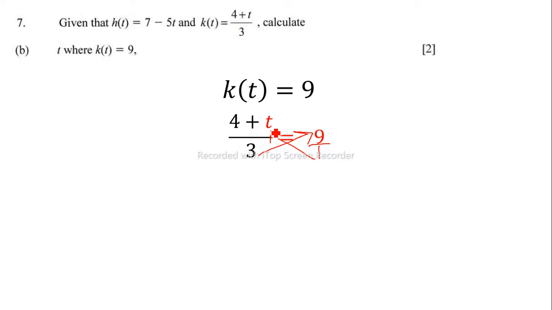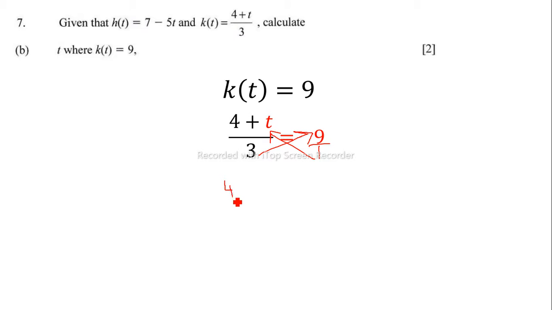1 times 4 plus t is simply what? 4 plus t. Why?